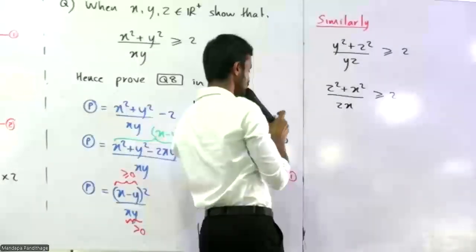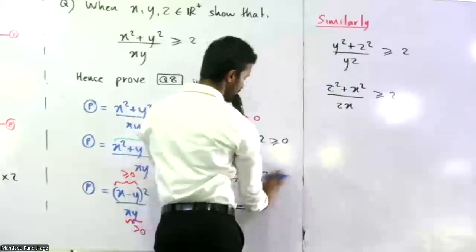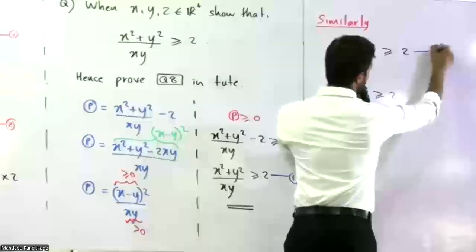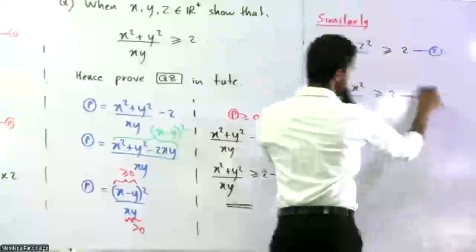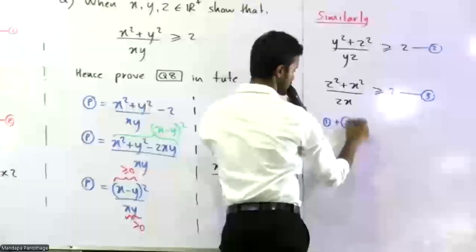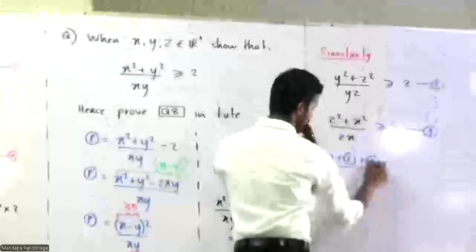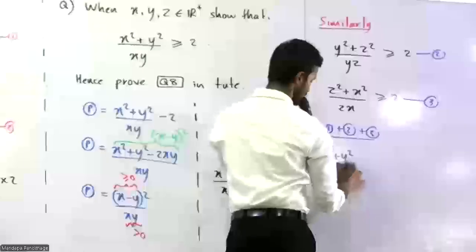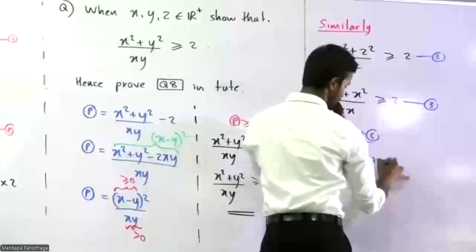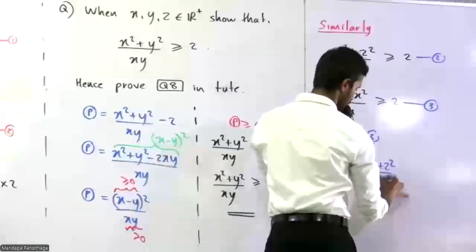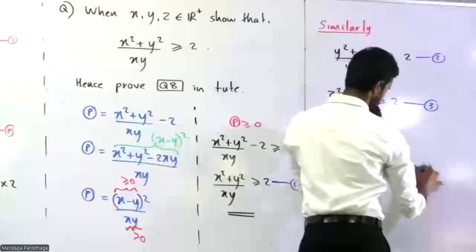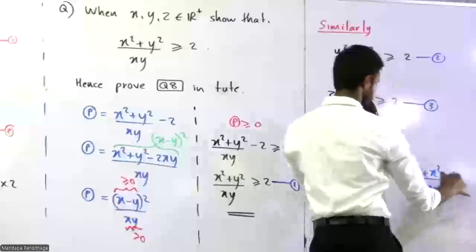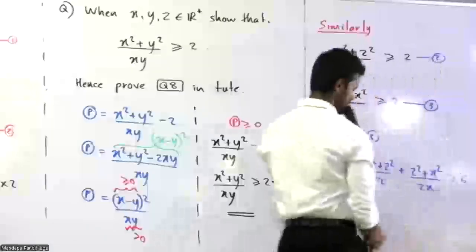Okay, so here we have the three inequalities. When you add these three inequalities, you can say that x squared plus y squared over xy, plus y squared plus z squared over yz, plus z squared plus x squared over xz is greater than or equal to 6.